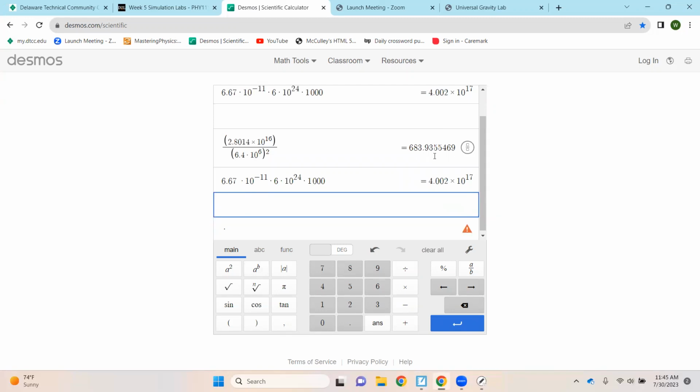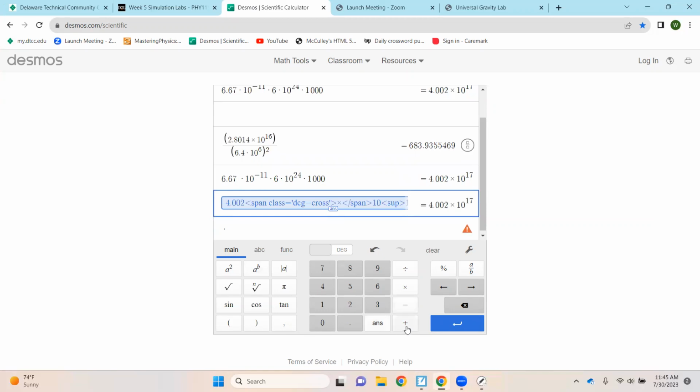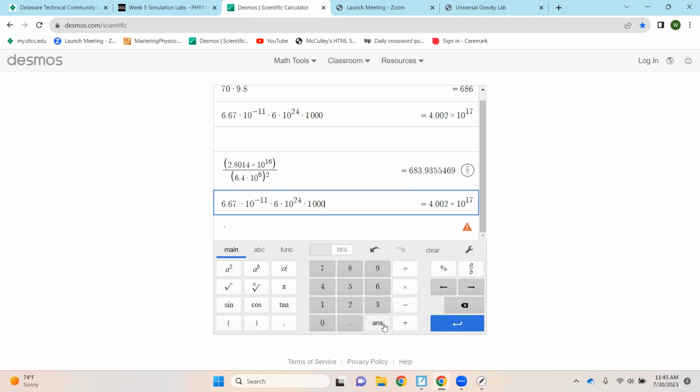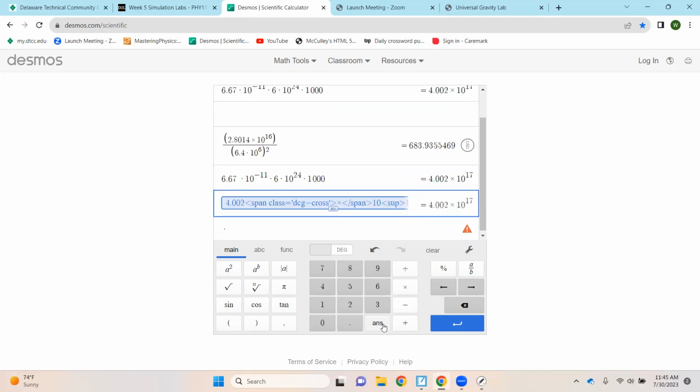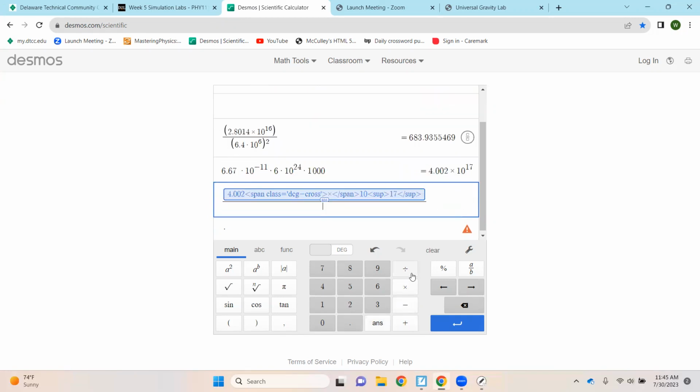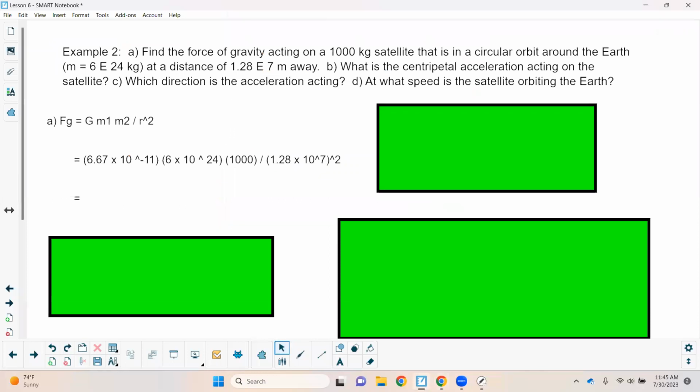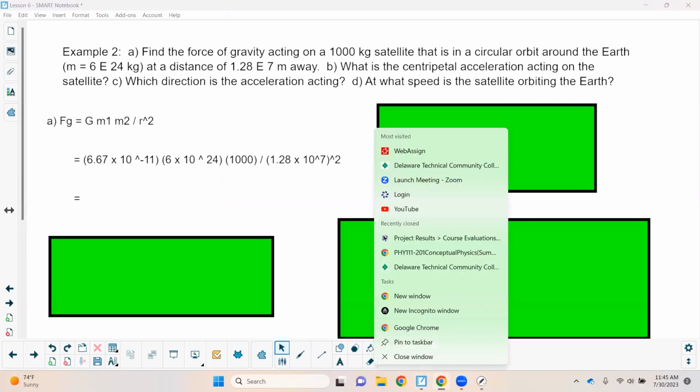All right, so it did work. It was 4.002 times 10 to the 17th. And then I'm going to divide that answer by the distance, and that distance was 1.28 times 10 to the 7th.